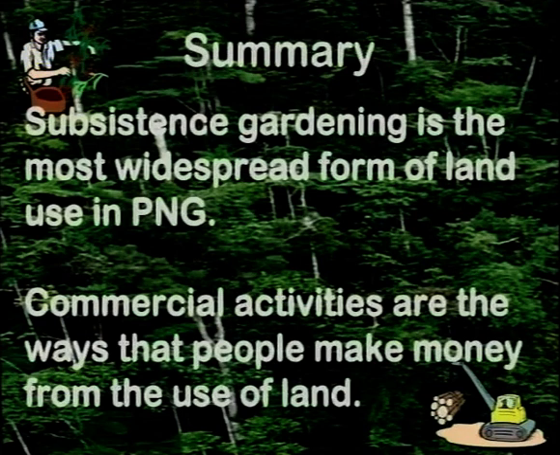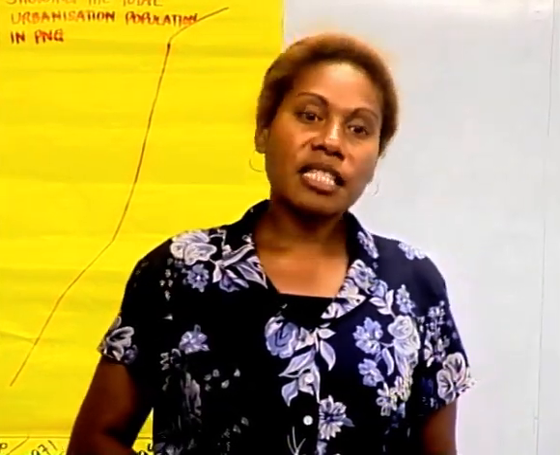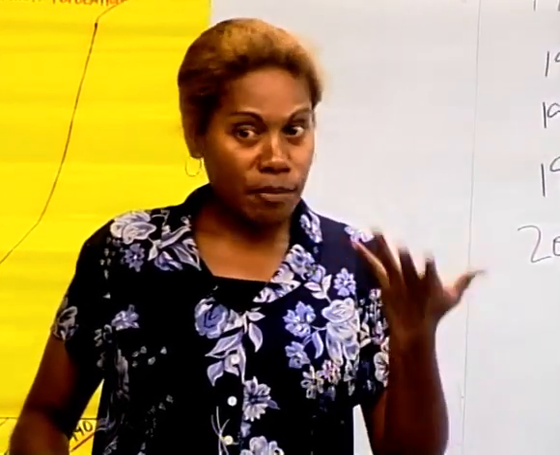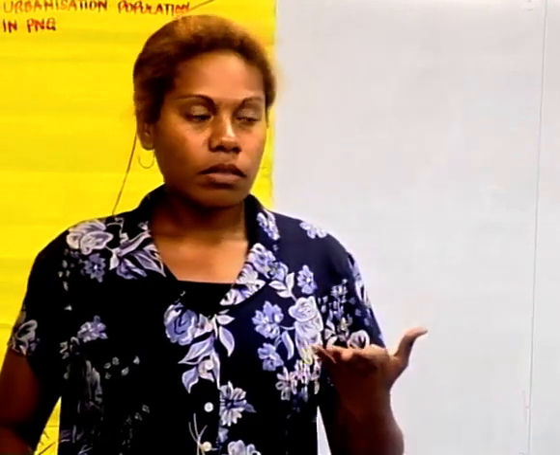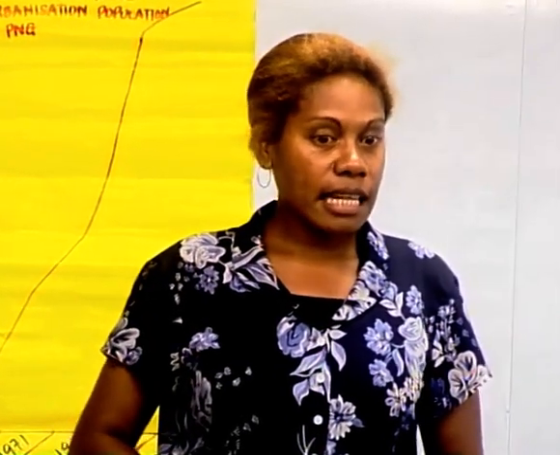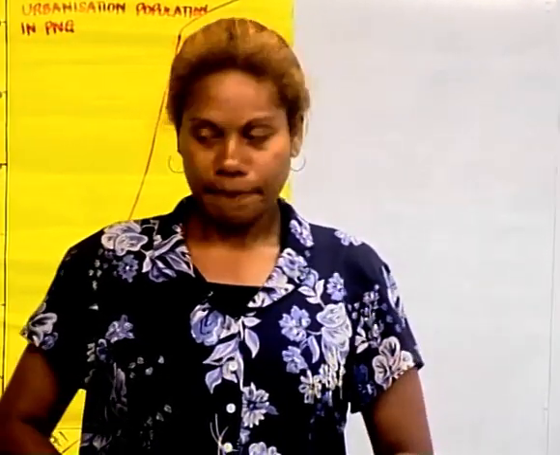Those are commercial activities, ways that people make money from the use of land. They use the land in order to make money, commercial activities. Subsistence farming, growing your own food, growing food for consumption, or in order to make a living. So more than 80% of Papua New Guineans are subsistence farmers.